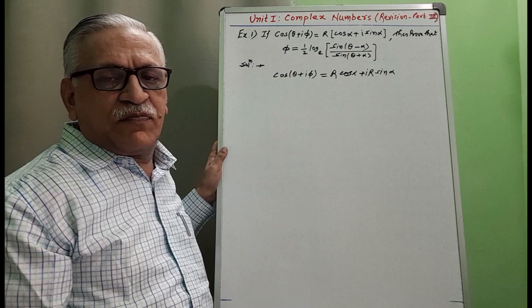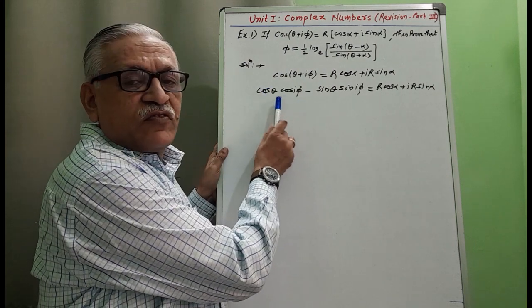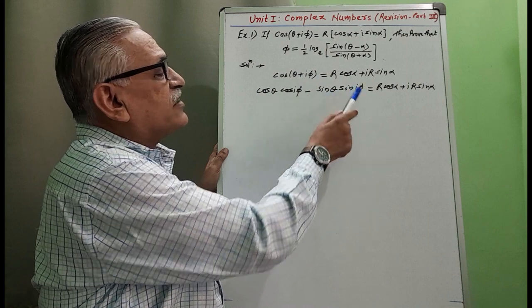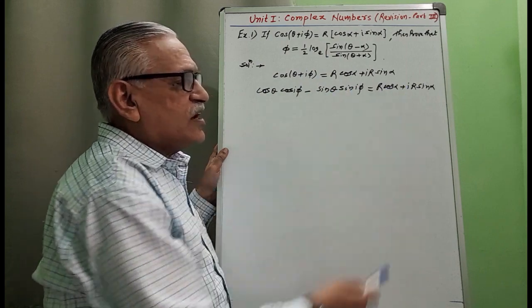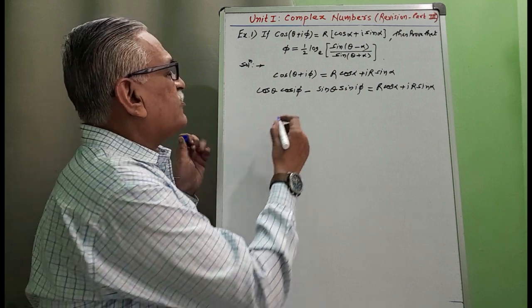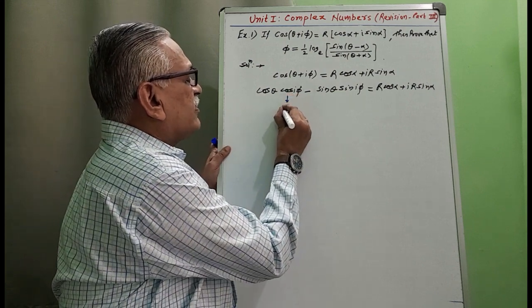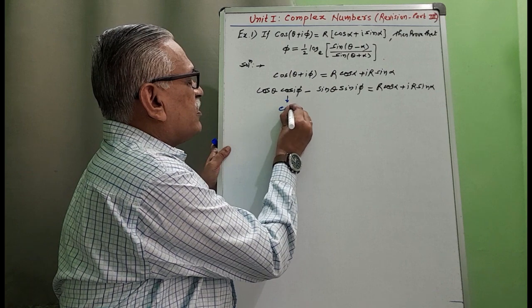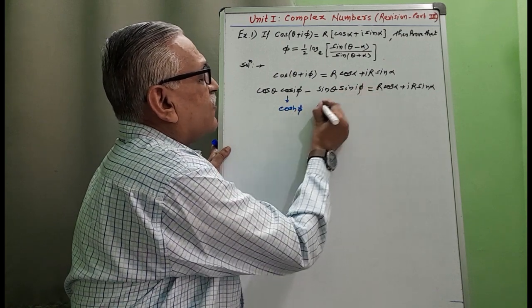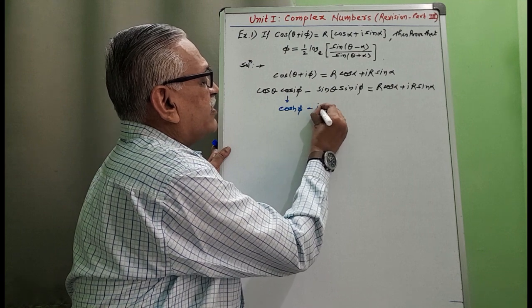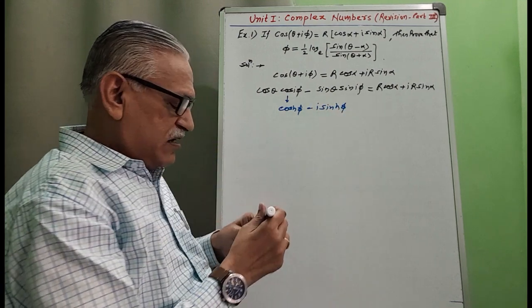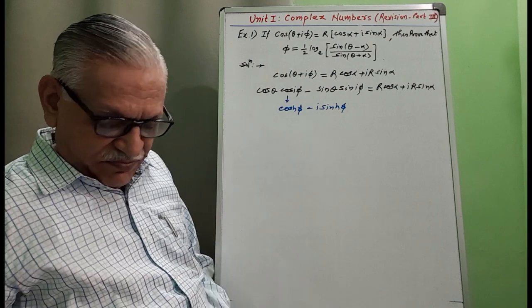Expanding this by cos a plus b, we get cos a cos b, means cos theta cos i phi minus sin theta sin i phi, and that is equal to r cos alpha plus i times r sin alpha. This cos i phi is nothing but cosh phi, and this sin i phi is i sinh phi. Remaining terms as it is.